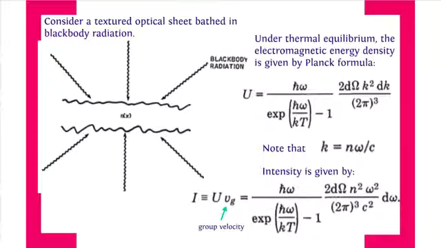Now, it can be shown, we won't go into the details, that the intensity, so that's the energy density inside the material, the intensity is what you can measure, right? If you stick a power meter there, you can measure power. Power divided by area will give you intensity. The intensity is given by this energy density multiplied by something called a group velocity, which, if you have taken electromagnetic waves, is simply the velocity of a wave packet of light.